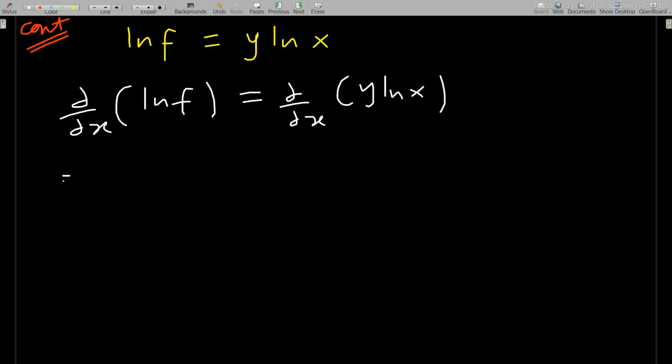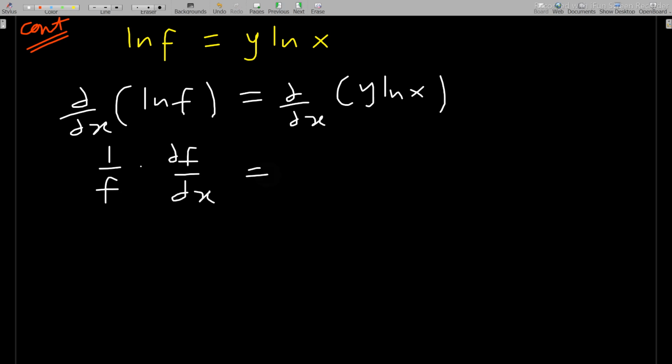Now with this, if I differentiate ln f, I will get 1 over f, since it's a function of another function, then times del f del x. I hope you get this.